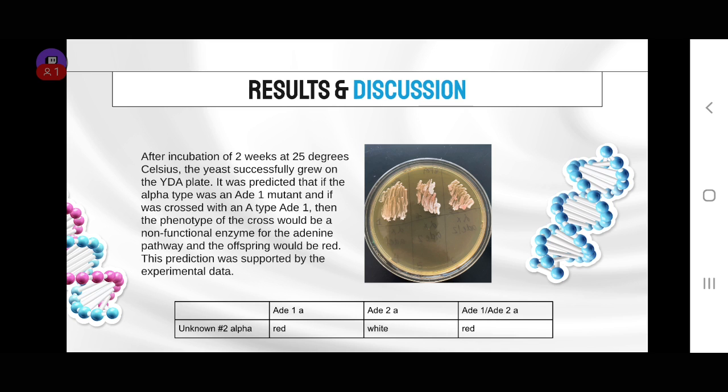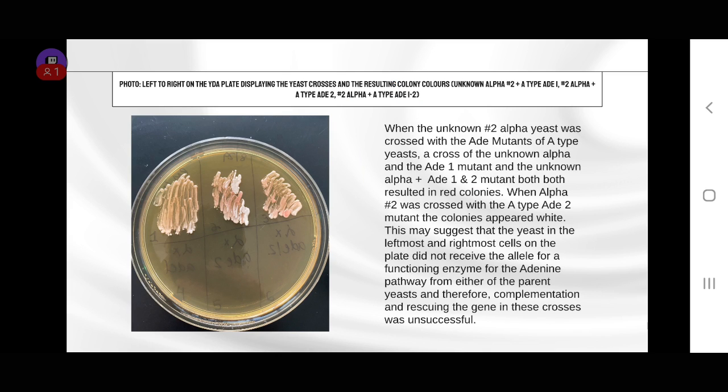The offspring for the cross between ADE2 A-type and the unknown alpha were white, and the offspring from the cross of ADE1 ADE2 A-type times the unknown alpha were red. After the incubation period, the yeast successfully grew to their respective cells on the master plate.